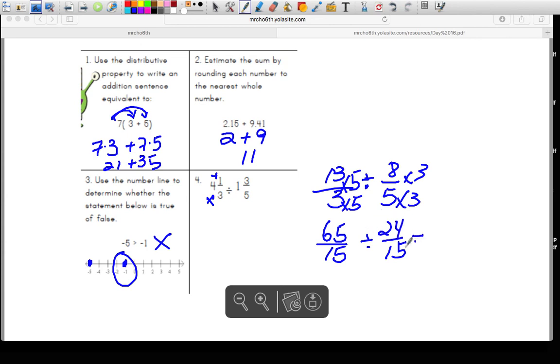If you remember how to divide this, when the denominator is the same, you can cross them out. Essentially, you're dividing equal parts here. 65 equal-sized parts divided by 24. We write it as a fraction, and it equals 2 and 17 over 24. That is your final answer. Okay?